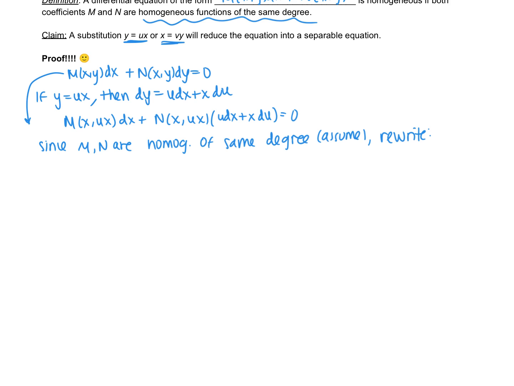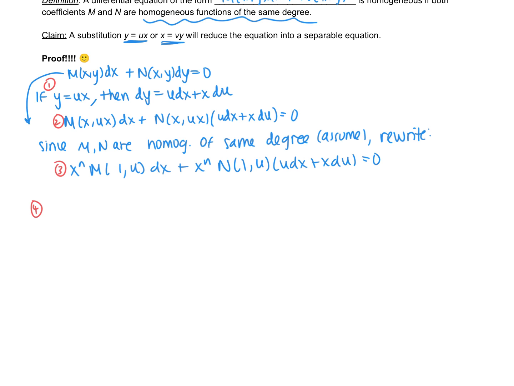So we will write this as x to the n times M of 1, u dx add x to the n times N of 1, u, u dx add x du is equal to 0. To assist us, I'm going to number these steps so you know where I'm going with this.